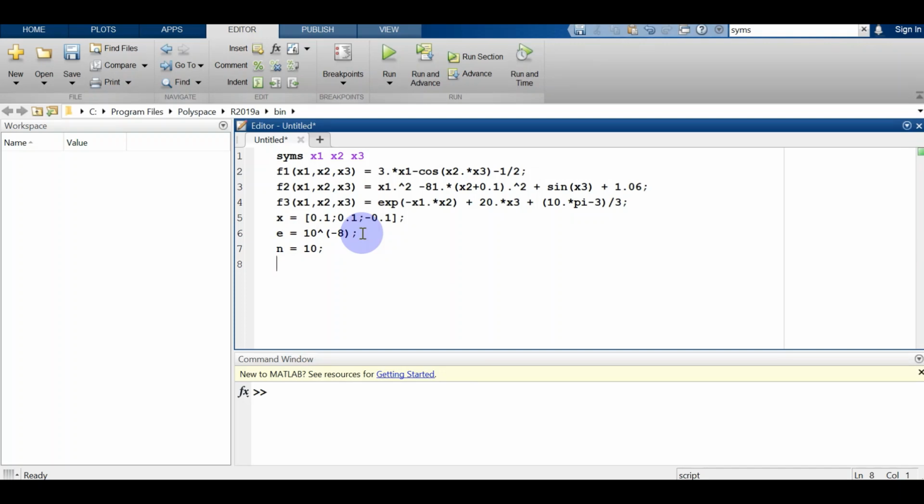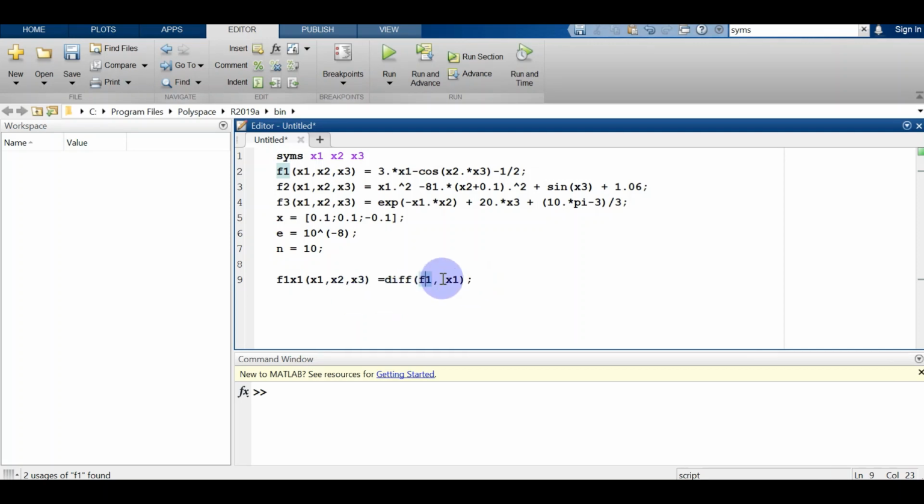The next step is to compute the partial derivatives of these functions and also make the Jacobian matrix and the capital F vector. To compute the partial derivatives, if I'm differentiating f1 with respect to x1, I should write diff, and I am differentiating the f1 function, comma, with respect to x1.